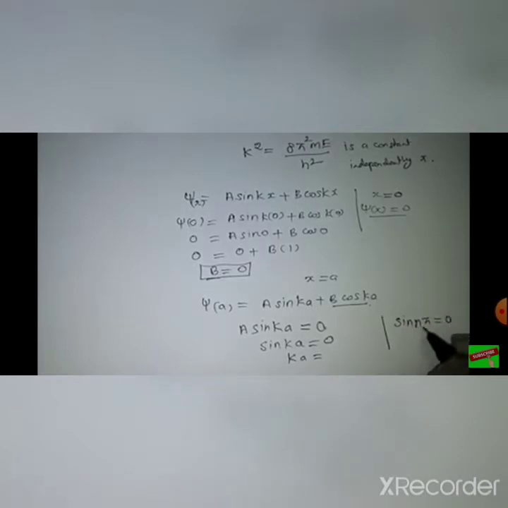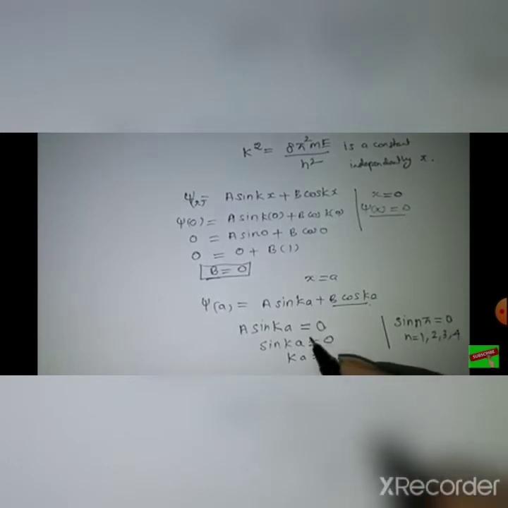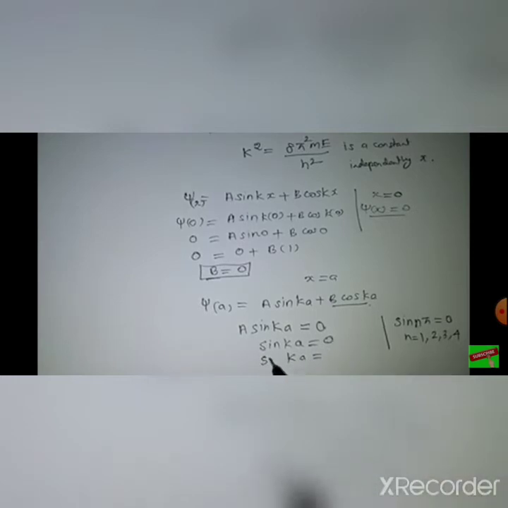So we get the condition for the product of the propagation constant k and the length of the box a, for the values of n, that is 1, 2, 3 and 4. For the maximum condition a, we get the second condition. The first condition we already got, b equal to 0, by taking x equal to 0.